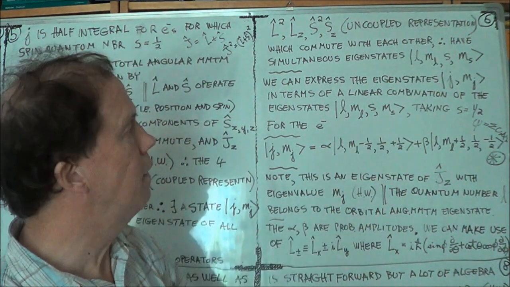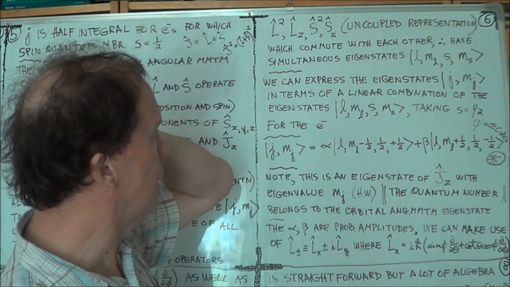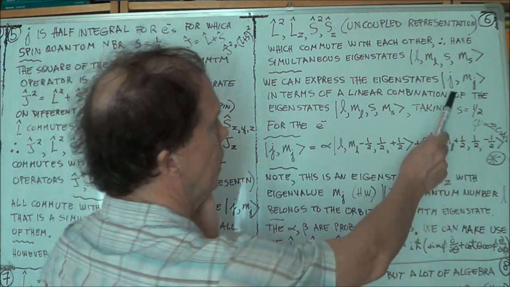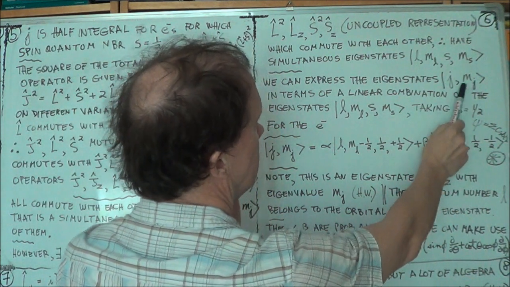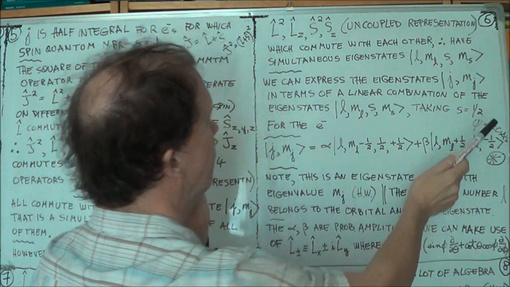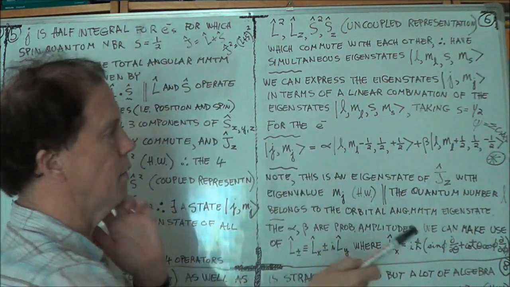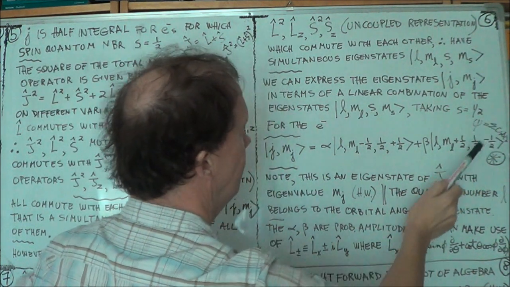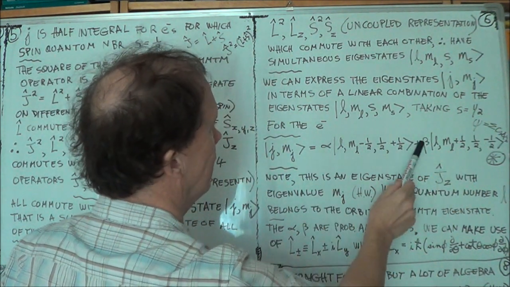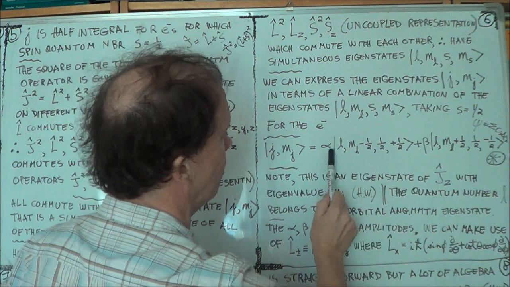That's the idea. And here are the weights, alpha and beta, or C1, C2, if you like.